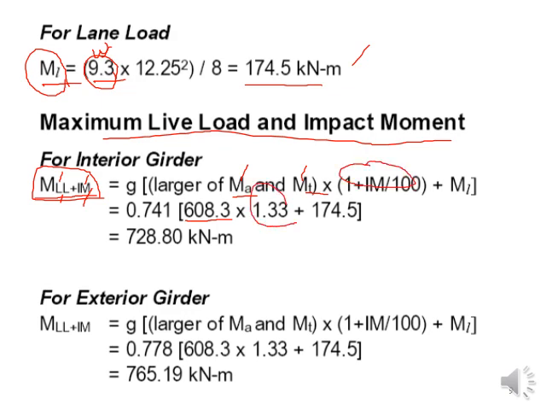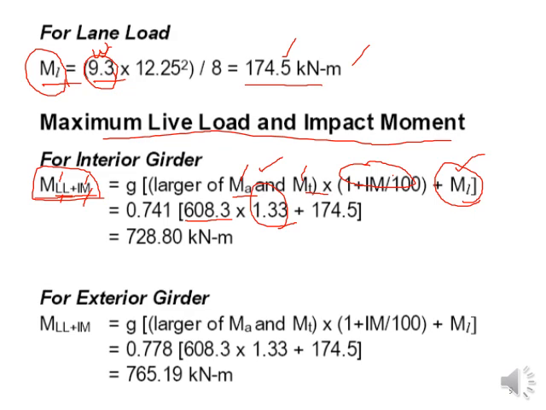So this is 1.33. You are multiplying it with that, and you are not multiplying this factor with the lane load. Lane load is separately going to be added to it. So it is 174.5. So for all of the moments for the live load, within the live load you have to separate out the moving vehicular live load and the uniformly distributed live load. Why?